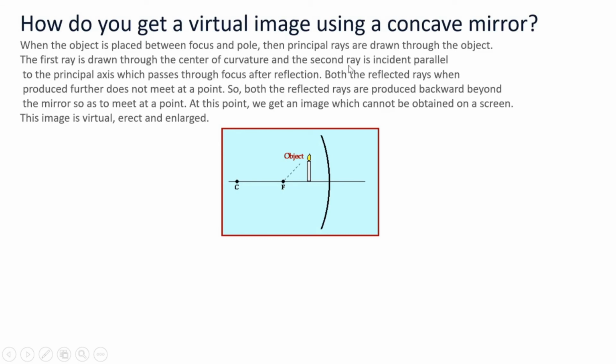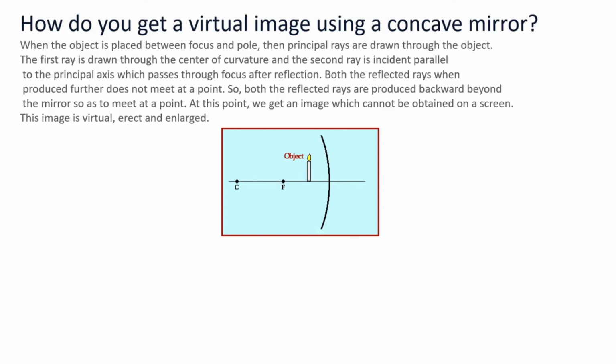Then principal rays are drawn through the object. The first ray is drawn through the center of curvature, and the second ray is incident parallel. See how the first ray is drawn through the center of curvature.